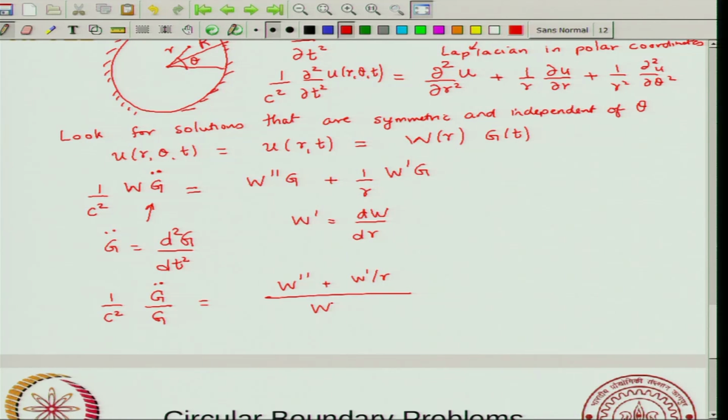I just wrote it in this form, and what you can see is that the left hand side is only a function of t, and the right hand side is only a function of r. So if these two functions have to be equal, each has to be equal to a constant, and you can show that it should be a negative value. I'll just take that constant as minus 1 by k square.